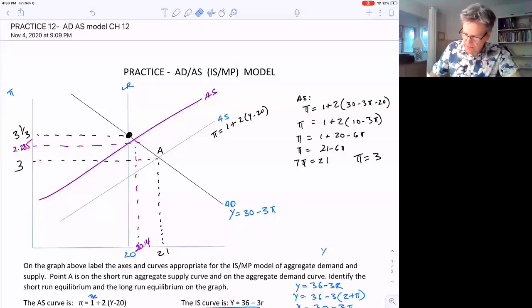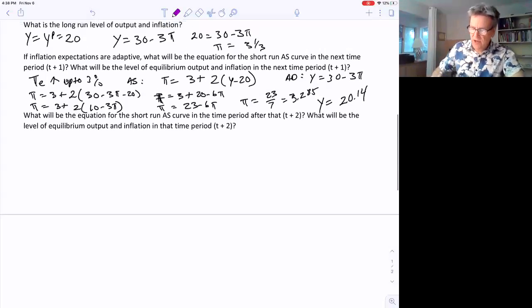Correction, this was 3.285. People's expectations of inflation are changing from 3 to 3.285. So now we have a new expectation of inflation that is 3.285.